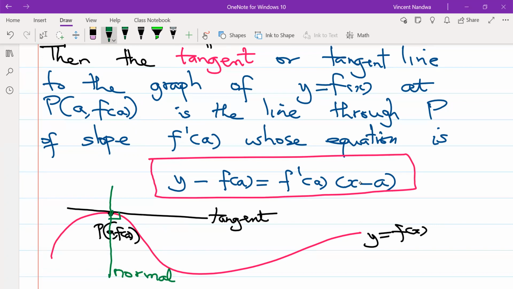What varies is the slope. And you know that the product of gradients or slopes of two perpendicular lines must always give you M1 by M2. That's for parallel, but these are perpendicular.